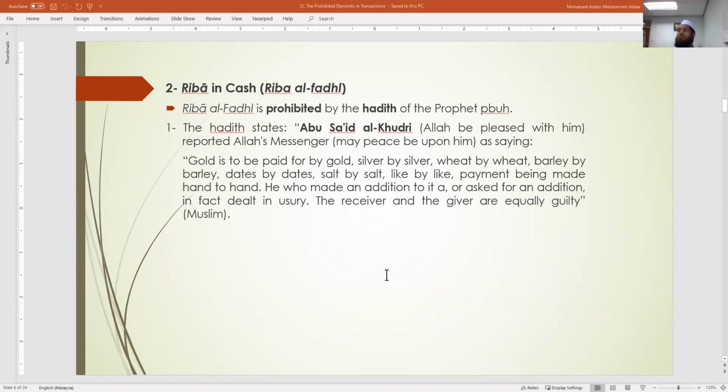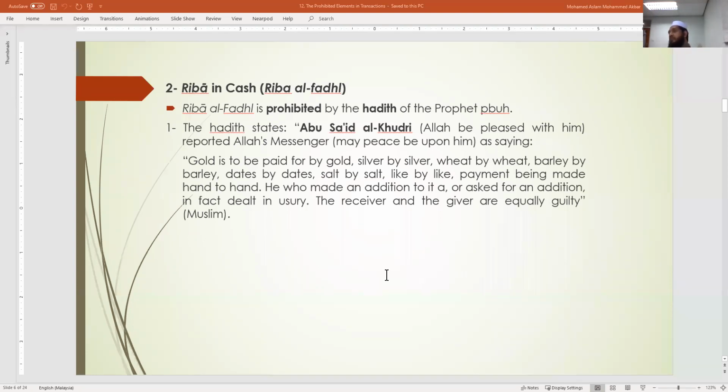This one comes from the Sunnah. The Prophet Sallallahu Alaihi Wasallam says, gold is to be paid by gold, al-zahabu bil-zahabi, wal-fiddatu bil-fiddati. The same thing goes for silver by silver, wheat by wheat, barley by barley, dates by dates, salt by salt.